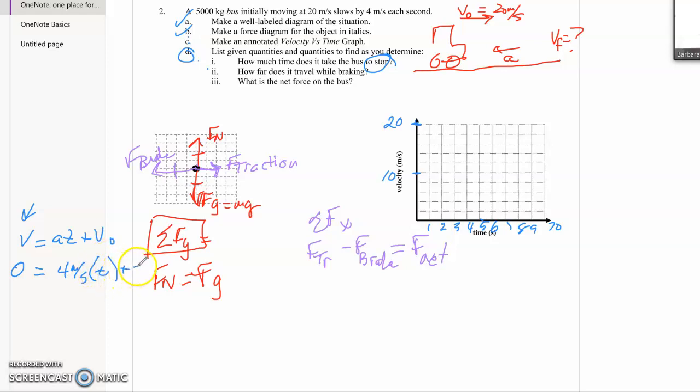Plus whatever our V initial was, which was 20 meters per second. So if I add a negative 20 to each side, negative 20 equals 4 meters per second times T.